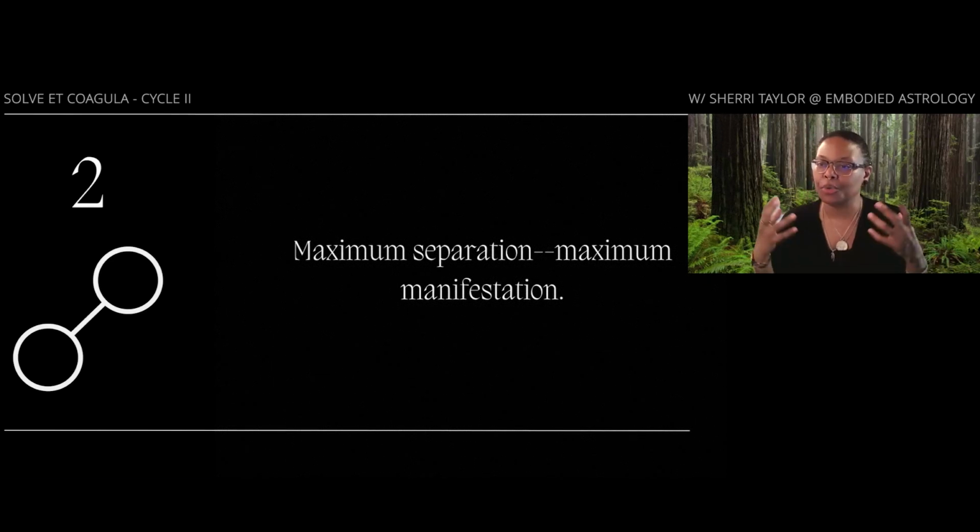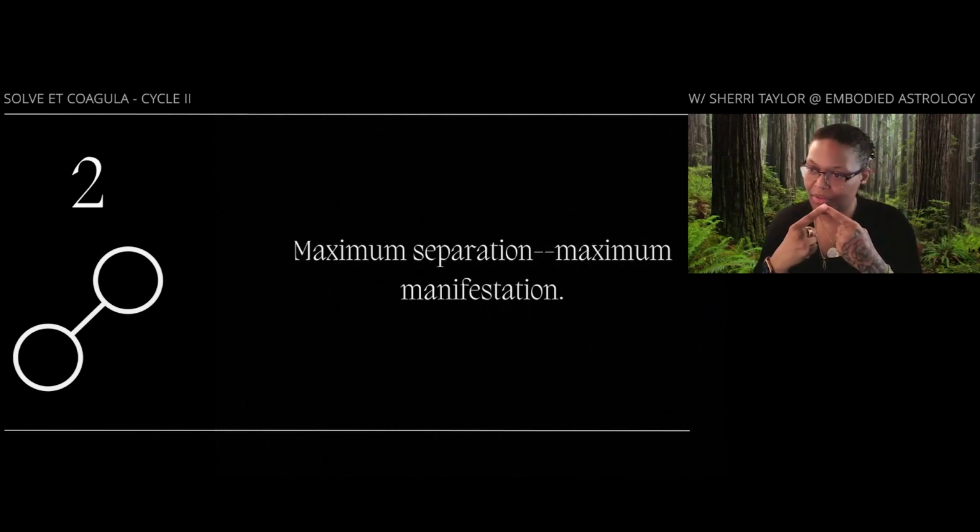Oppositions mean that the two bodies are most visible to each other, and so can actually communicate, right? Can communicate readily if they're worked with.